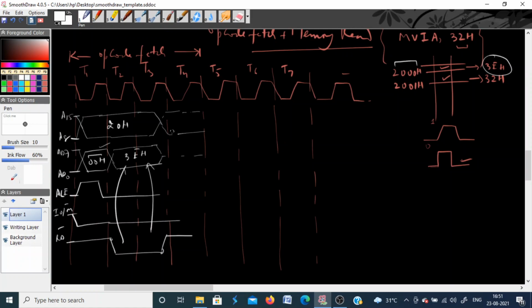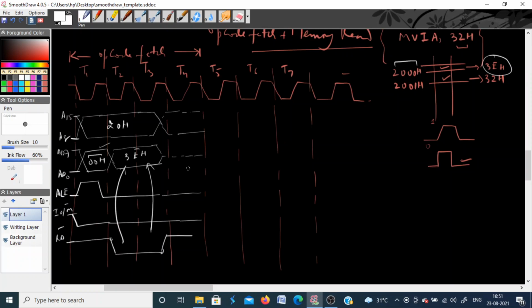Now during T4, see, it is a 2-byte instruction. It means it will not be executed using the opcode fetch cycle only. In the previous case that we have taken, it was a single-byte instruction in which the entire instruction was executed in an opcode fetch cycle only. But since you now have to load the constant number, that is 32H, into register A, in the T4 state, the fourth clock time period, the processor will understand this instruction.